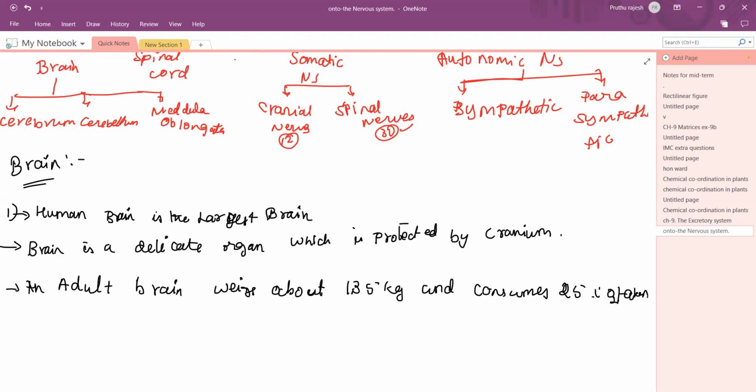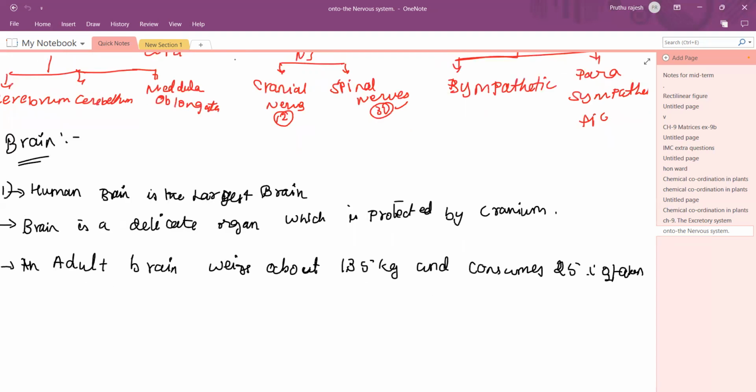The brain has coverings. The coverings of brain are called meninges. Meninges are of three types: dura mater, which is the tough, outermost, hardest covering, a fibrous membrane; arachnoid membrane; and pia mater. So let us discuss one by one.